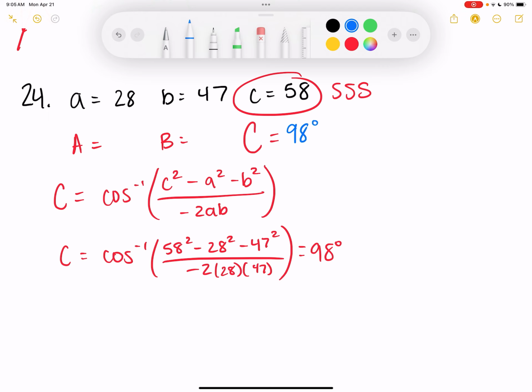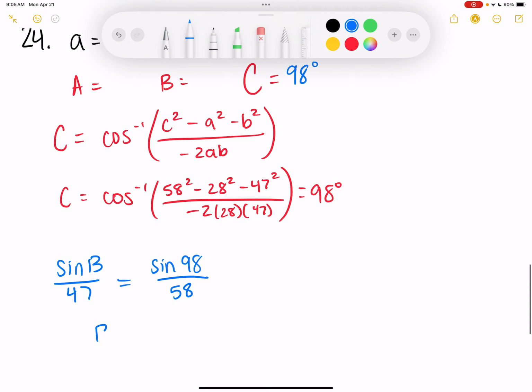So I'm going to do the sine of B over 47 equals the sine of 98 over 58. So B is the inverse sine of 47 sine of 98 over 58. So type that in.